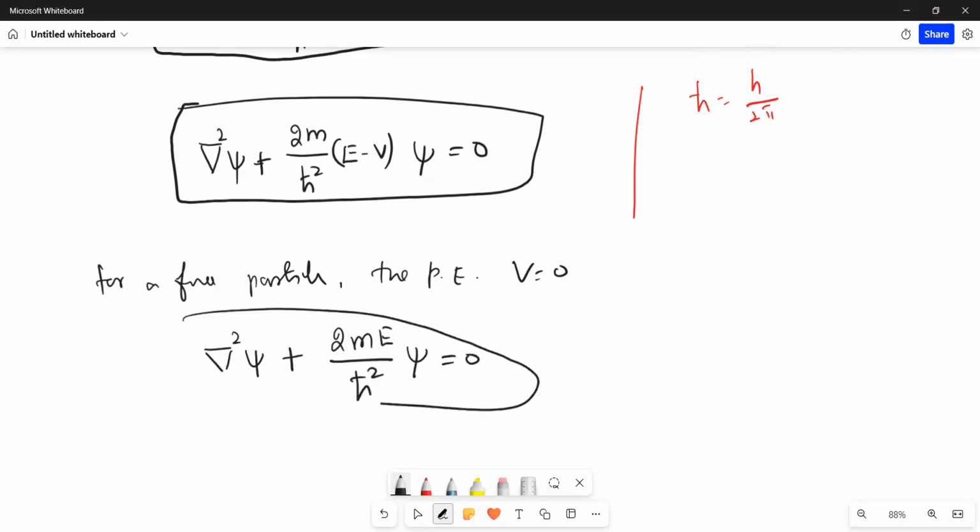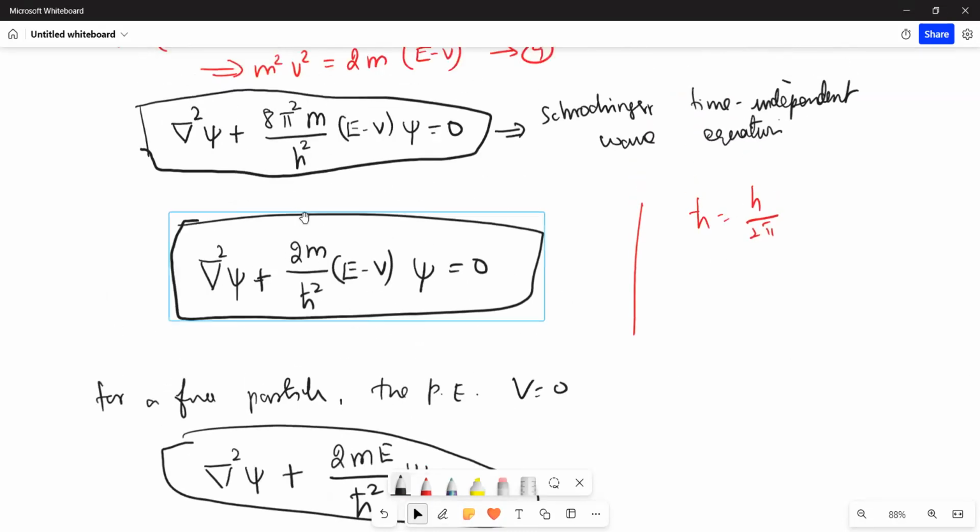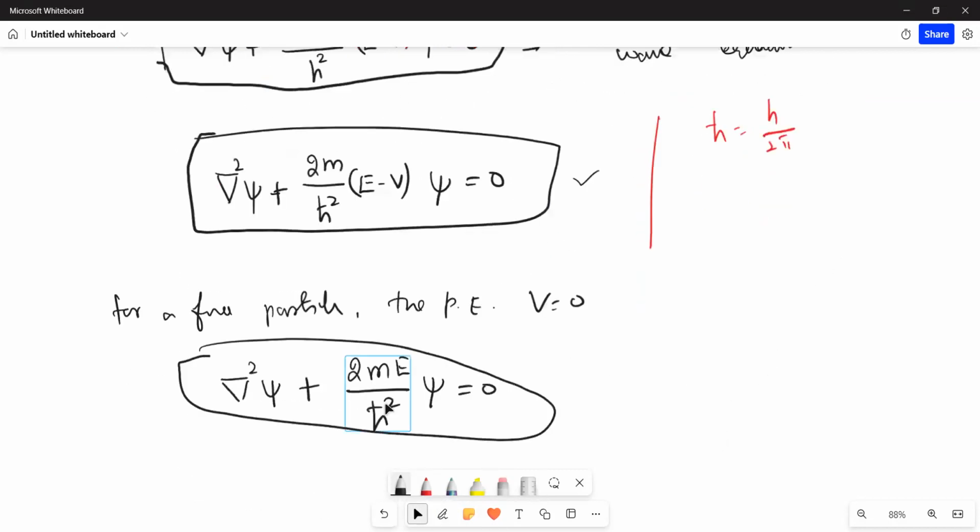That's all. So this is the case only for a free particle when potential energy V is equal to 0. And this equation, this is a final equation. This is okay. This is Schrödinger time independent wave equation. Both are same. And this is some special case when V equal to 0, you can use the last one also.